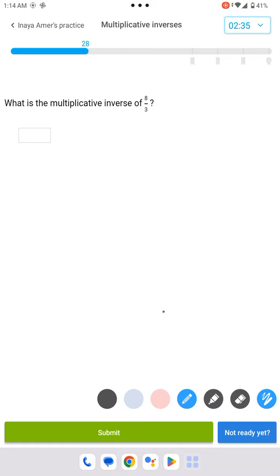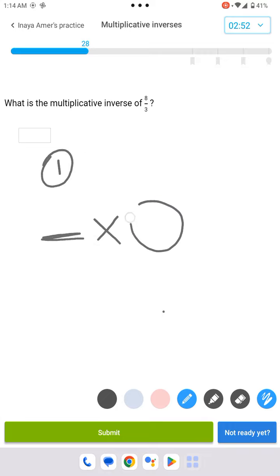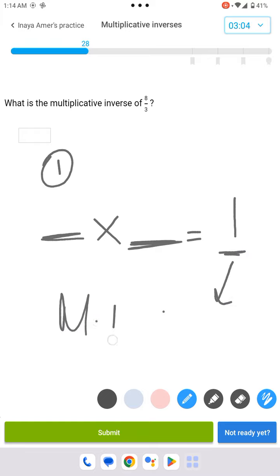Sorry for that. Now keep in mind, if two numbers are multiplied and you get the multiplicative identity, then the two numbers are called multiplicative inverses of each other. For example, that is the first number, and multiplied by another number, you get one, which is the multiplicative identity.